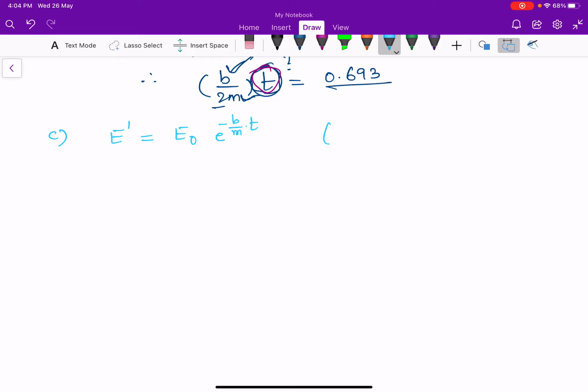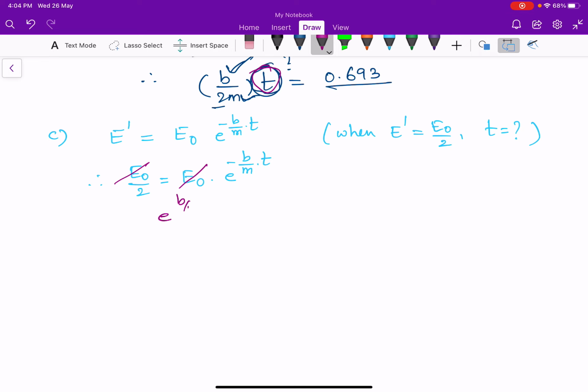Here the case is when E dash is equal to E naught by 2, what is the time taken? This is the question. So I am substituting E dash as E naught by 2 equal to E naught into e power minus b by m into t. Here E naught and E naught cancel. By rearranging the terms, we get e power b by m into t is equal to 2.